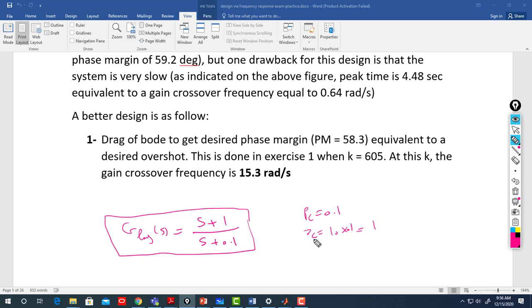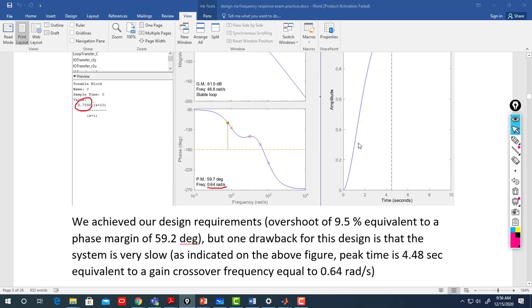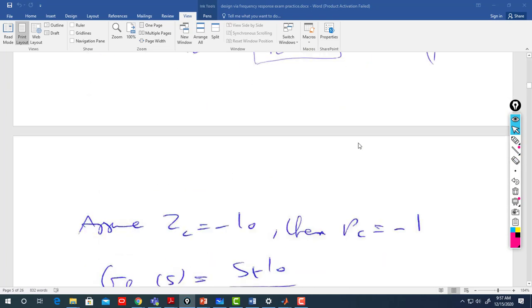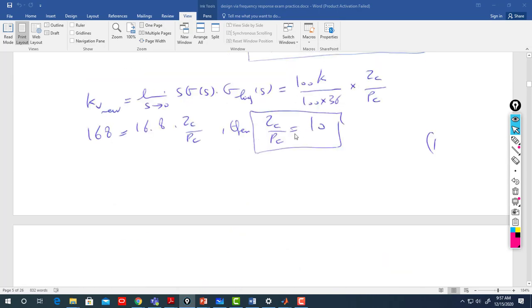No, I recommend that in frequency analysis you follow this structured methodology, which guides you how to find the zero, and based on it you deduce the pole, because the ratio between them is 10, as we found here.